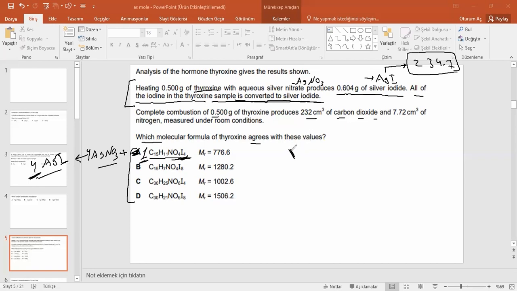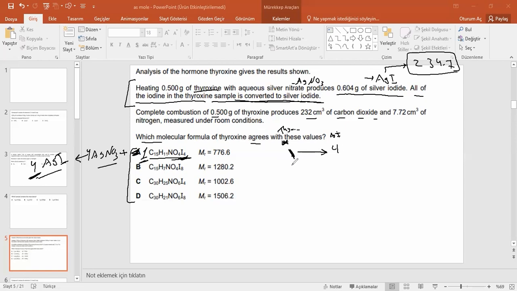So 1 of thyroxine gives us 4 AgI. Here we have AgI, here we have thyroxine. I will write it as THY. Thyroxine, 1 gives us 4.